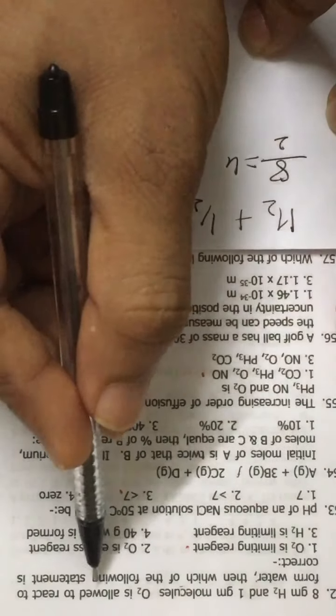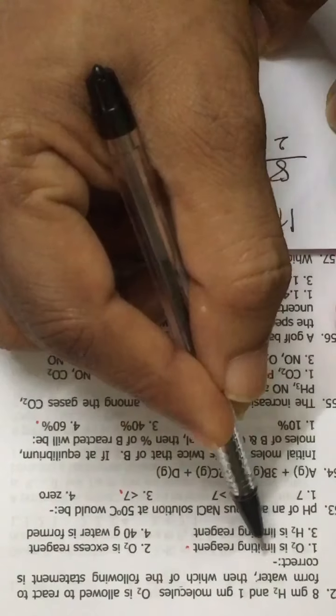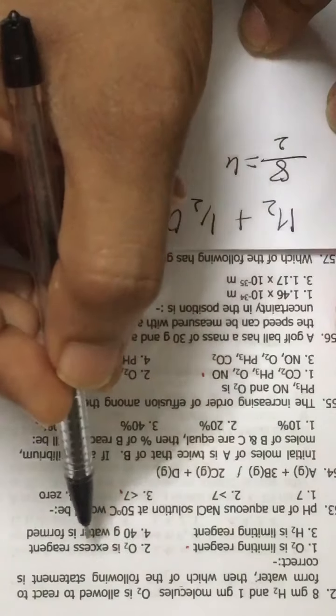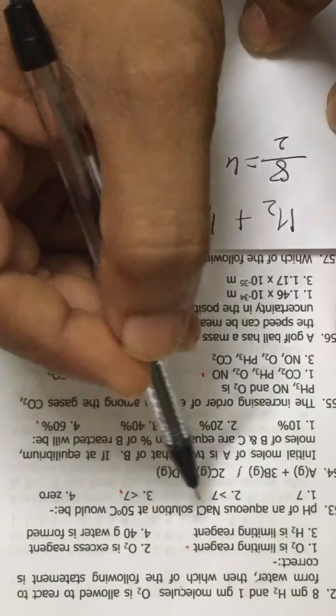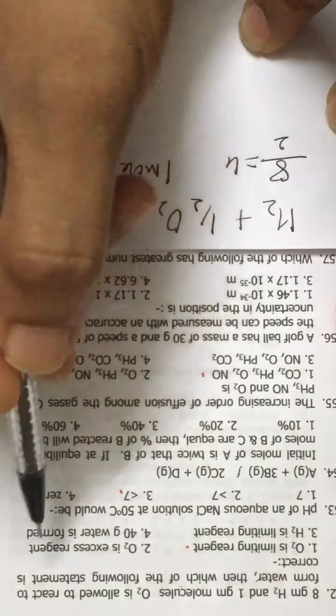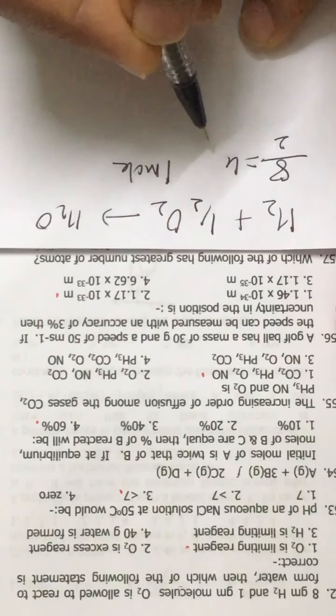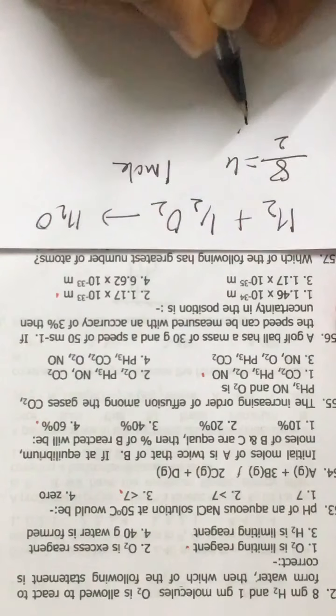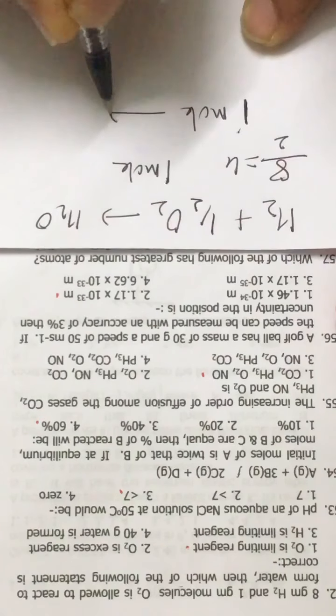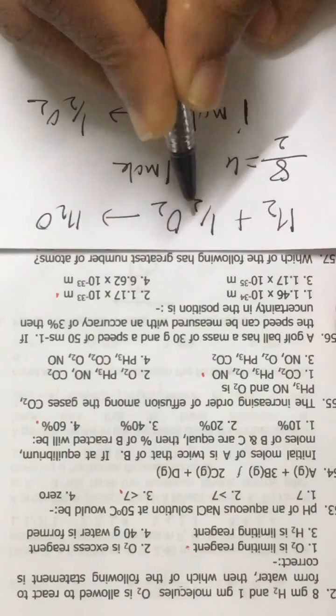The question is which statement is correct, whether oxygen is the limiting reagent, or oxygen is in excess, or hydrogen is the limiting reagent. So for 1 mole of hydrogen we need half a mole of oxygen to react.